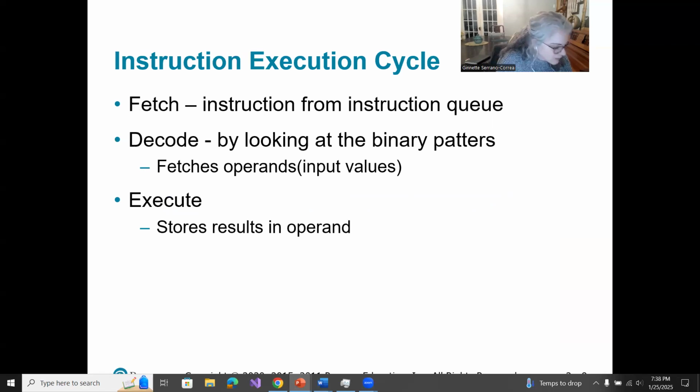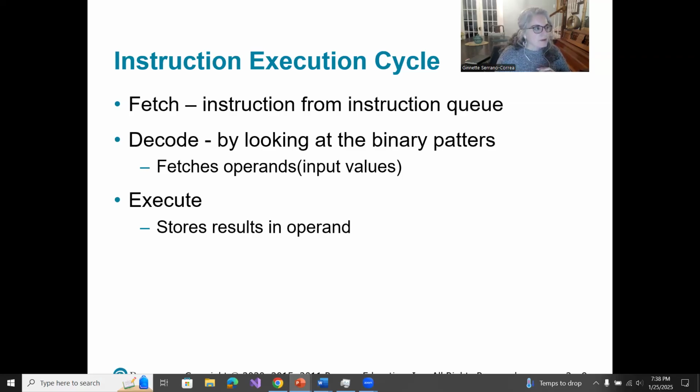So the next thing we're going to look at is the instruction execution cycle. So let's say that I open up a program, and we've got the first instruction of our program. How does that instruction actually get executed? What are the steps is what we're going to look at.